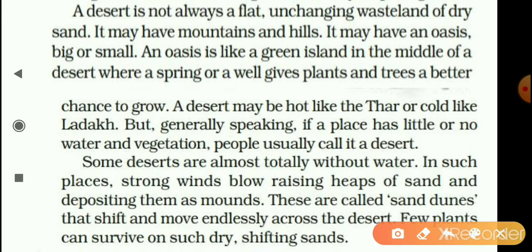A desert may be hot like Thar or cold like Ladakh. So these are the two deserts that we have in our India. As you know, Thar is situated in Rajasthan and it is a very hot place. But there can also be cold desert areas, which we have in Ladakh, just as I told you, in a place called Nubra Valley or Nubra Desert.